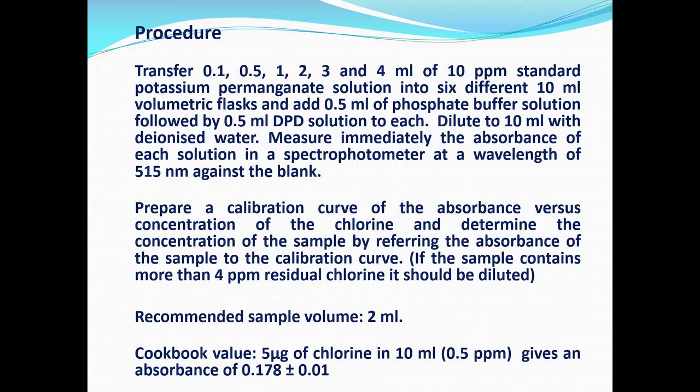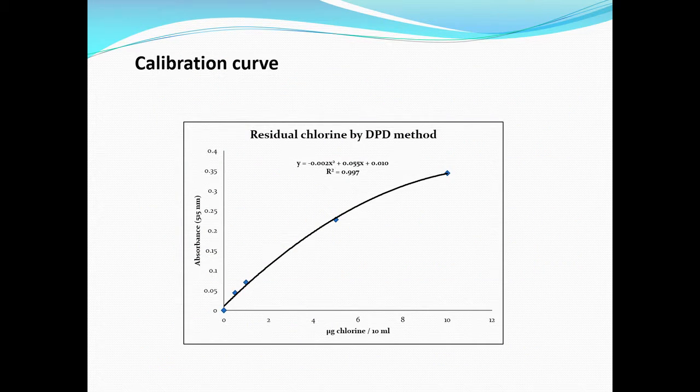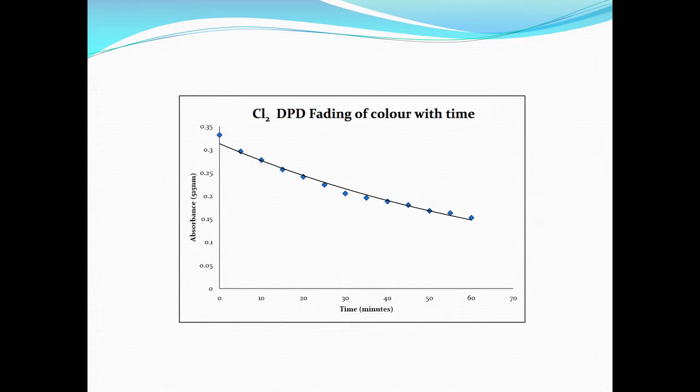So, 0.1 should give you approximately 0.03. So, you can take 5 ml. That works out to approximately a straight away application of the method within the working standards.